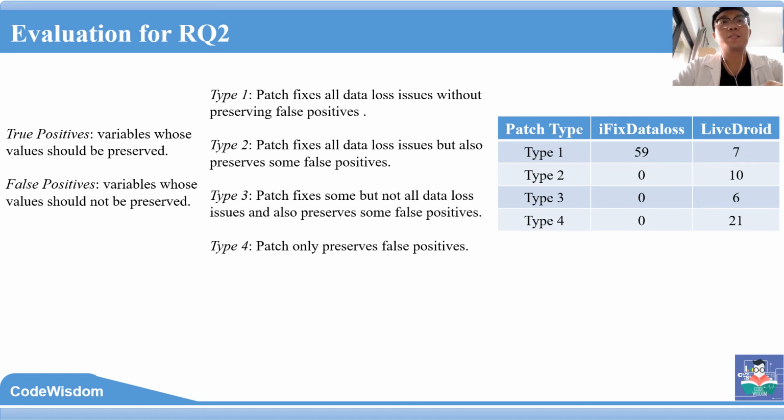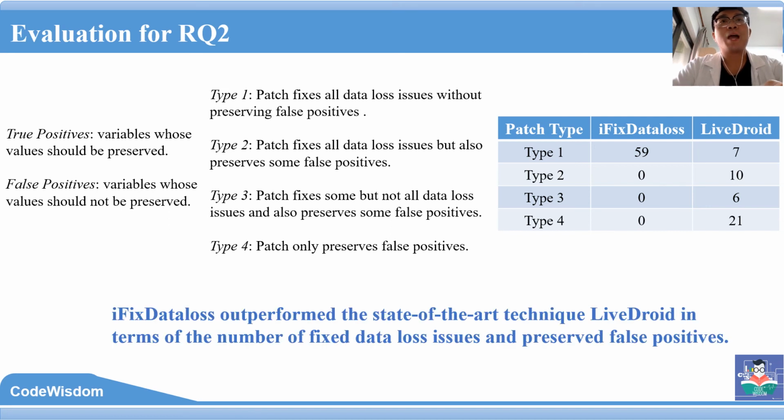Type 2 is worse than Type 1. Type 3 is worse than Type 2. And Type 4 is the worst. The number of patches of each type generated by iFixDataLoss and LiveDroid are shown in the table. It can be seen that iFixDataLoss outperformed the state-of-the-art technique LiveDroid in terms of the number of fixed data loss issues and preserved false positives.